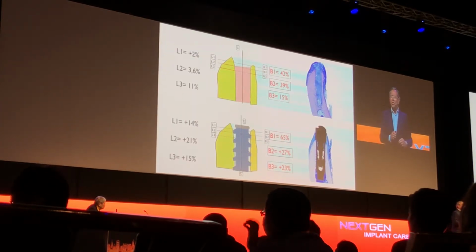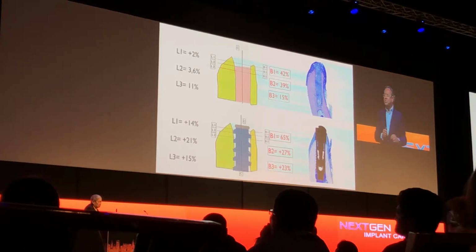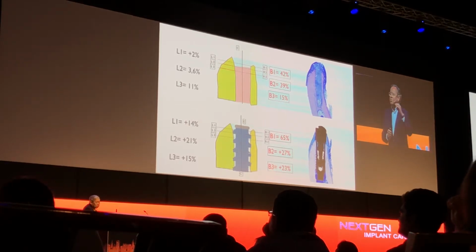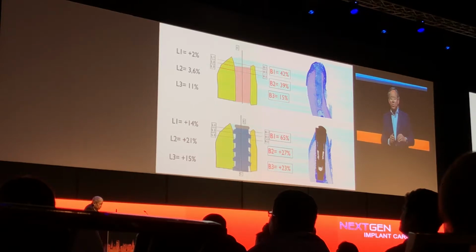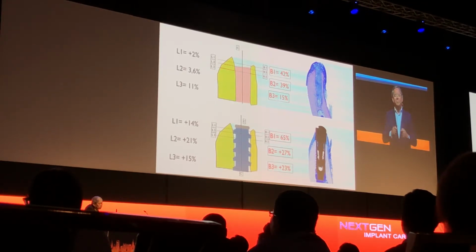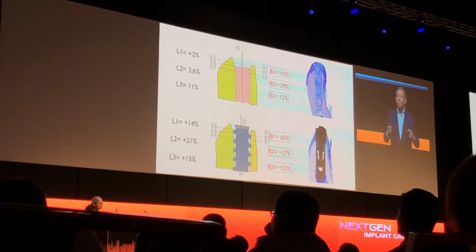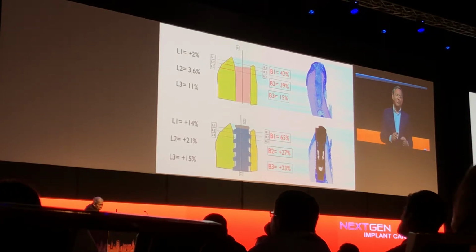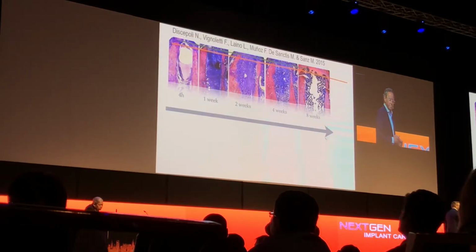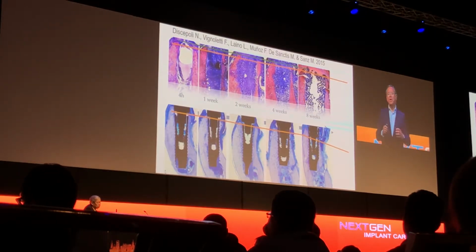So we went and we measured, and you see, in the most coronal part of the buccal bone, if we don't do anything, we lose 40% of the horizontal dimension. When we place an implant, we lose 65%. So as you can see, it's not a very good idea.